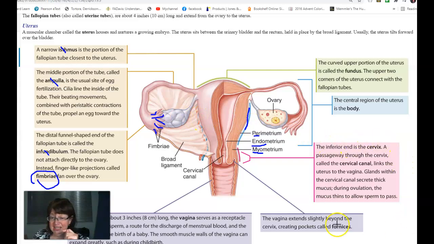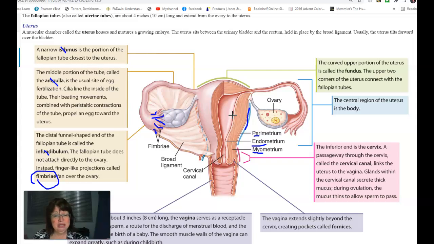Now, the vagina is the opening. It's a muscle tube about 8 centimeters long, and it's a receptacle for receiving the penis and the sperm. And it's also where menstrual fluid is discharged, and also the birth canal.